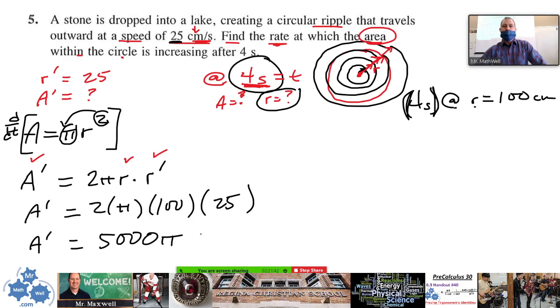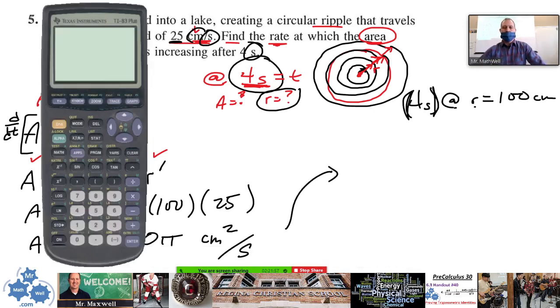That's area changing, so the unit of length is centimeters squared, and the unit of time is seconds, so it's centimeters squared per second. As a decimal, 5,000 pi is about 15,707.